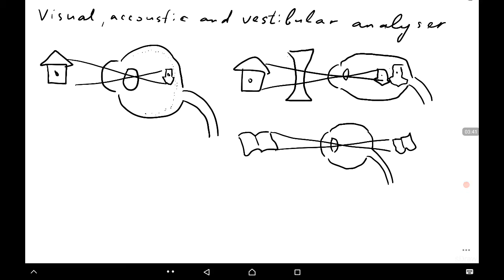To improve vision for such an eye, it is proposed to use a biconvex lens that will decrease the distance and will produce a sharp image on the retina. In that case, the image will be good.